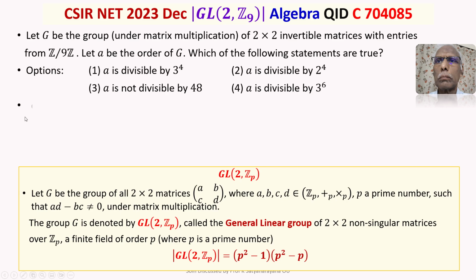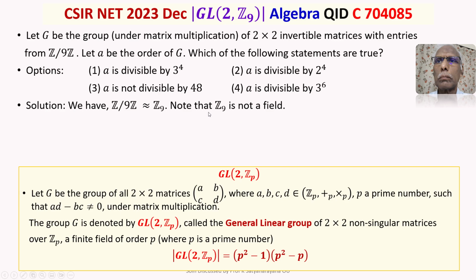Let us now discuss the solution of the problem in detail. We have the quotient ring Z by 9Z, which is isomorphic to Z9, and 9 is not a prime. Note that Z9 is not a field, it is a commutative ring with unity.